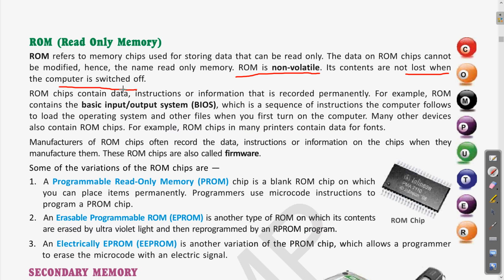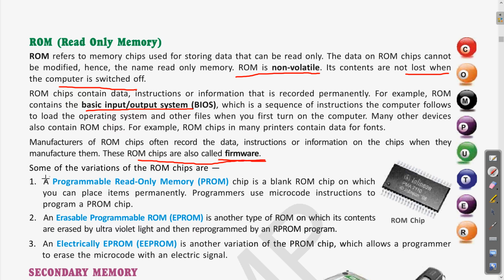Then where are these ROM chips used? ROM chips are used for the BIOS, that is basic input output system. And we have seen that these are also used in various other electronic equipment like fridge, oven, where the programming is already embedded, so they are also called firmware. The ROM is also called firmware.